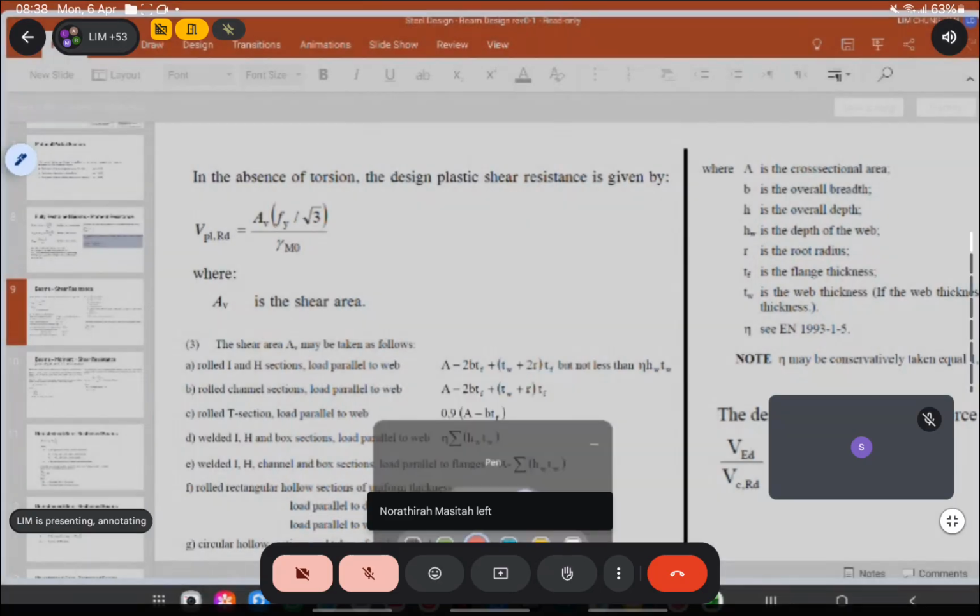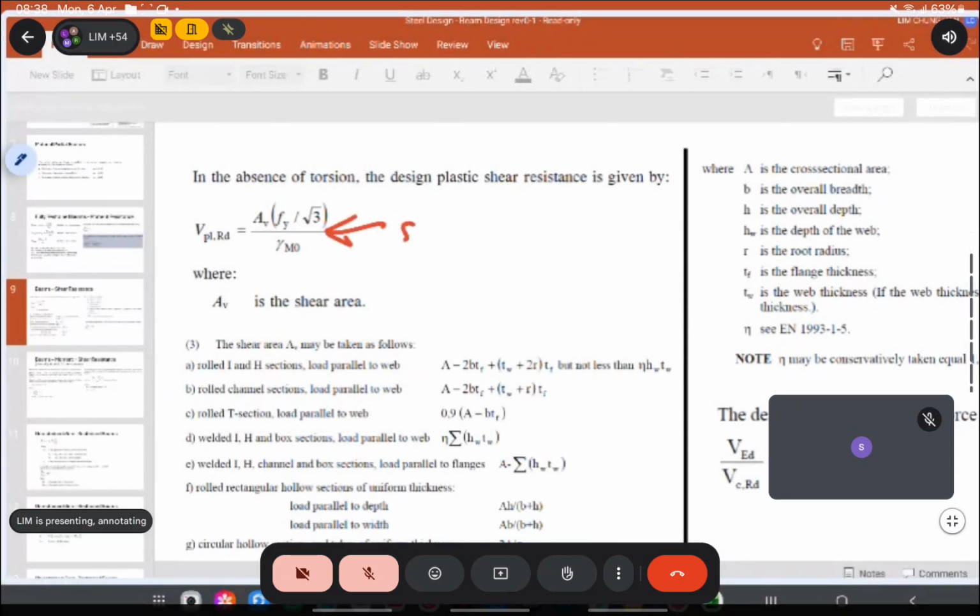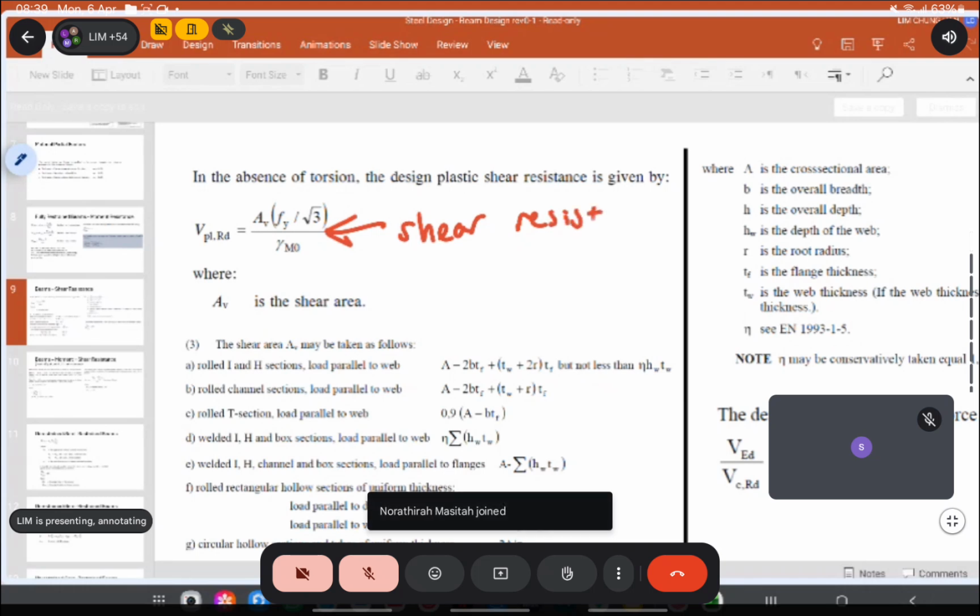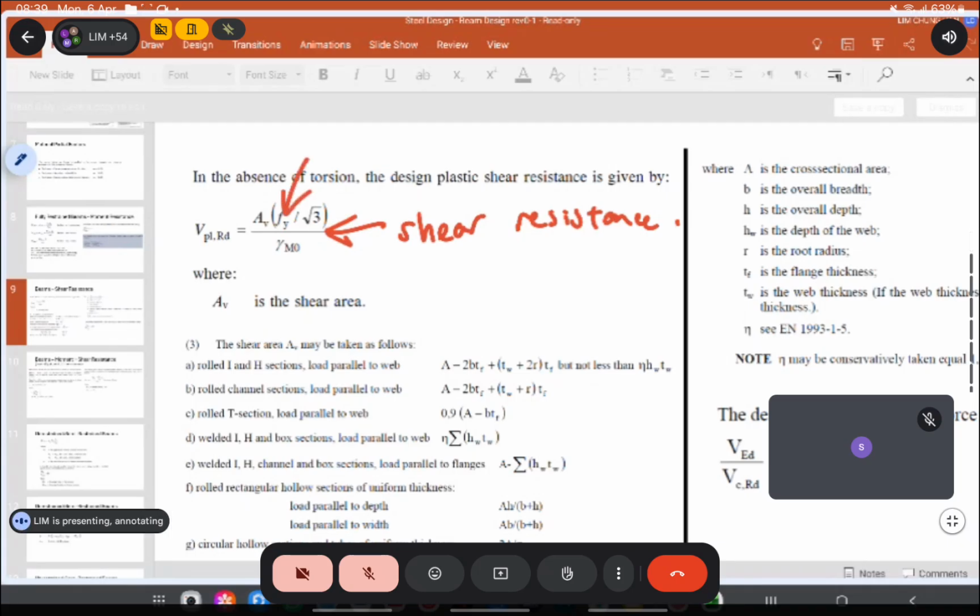The main formula is this shear resistance. I'm going to point out the simple ones. The simple one is this Fy. You also have Fy in your moment, so you use the same Fy. Whatever Fy you use for the moment resistance calculation, you use it here.